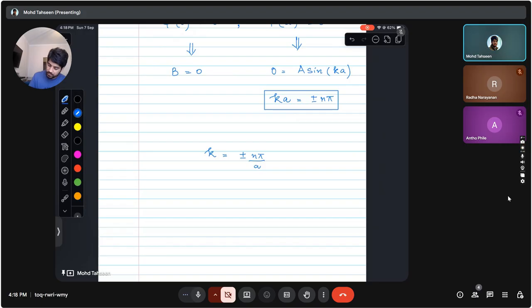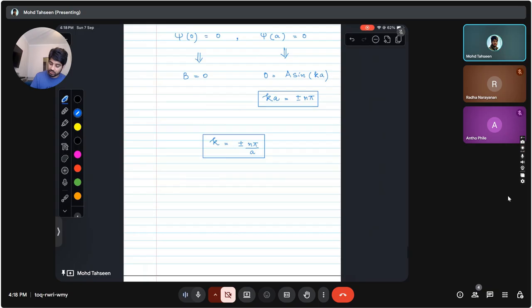Okay, so the wave vector can take discrete multiples of pi by a. K cannot be continuous, right?